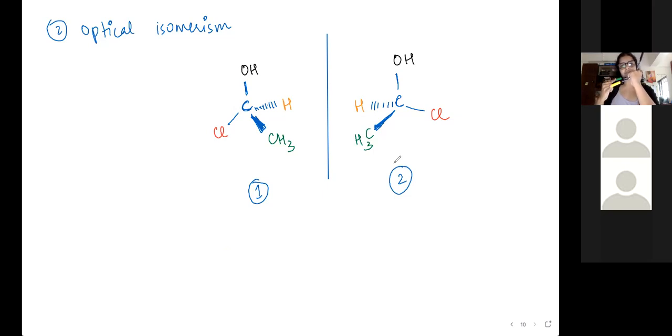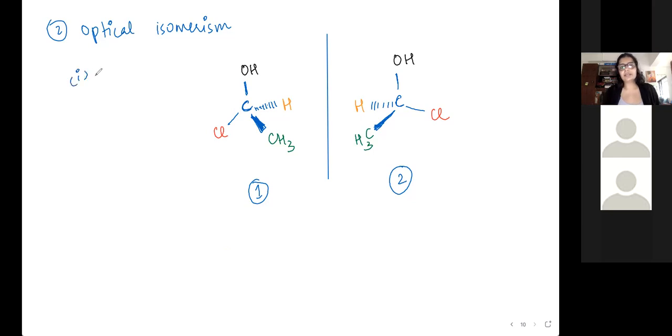No, hydrogen and CH3 not matching. Not matching, right? So basically, if I take the mirror image, these are not the same molecules. I have to break bonds to rearrange them to get the same as molecule 1. So optical isomers, if you have to identify them, two main things.